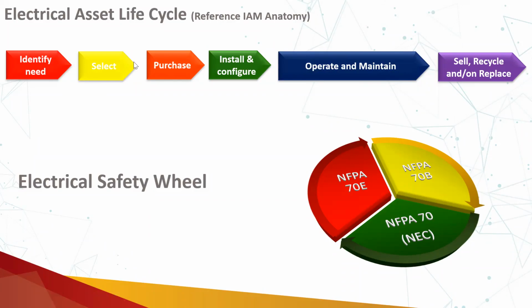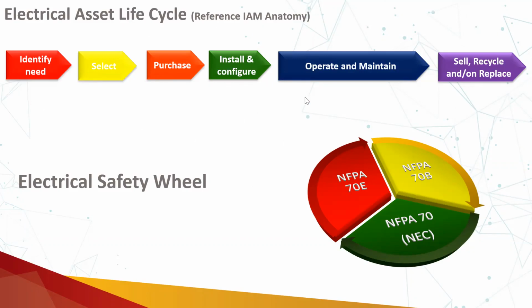If we compare that asset life cycle with the electrical safety wheel concept of NFPA documents, you will find there are three documents: NFPA 70, NFPA 70B, and NFPA 70E. NEC basically covers identify, select, purchase, install, and configure.